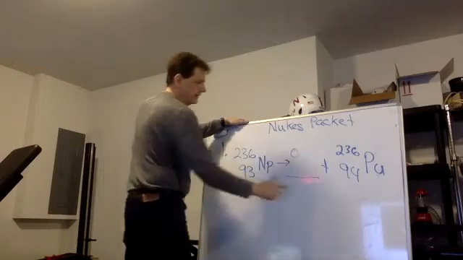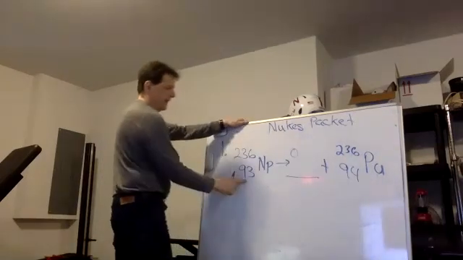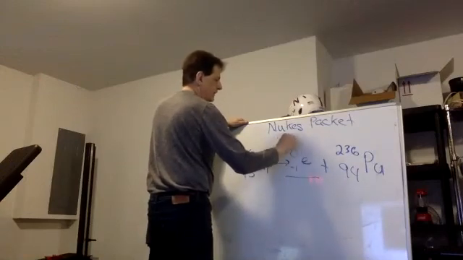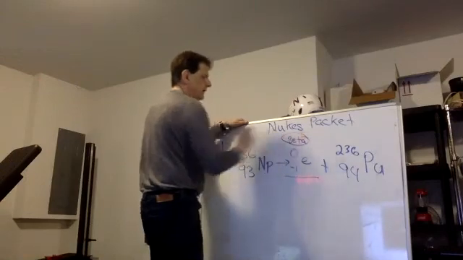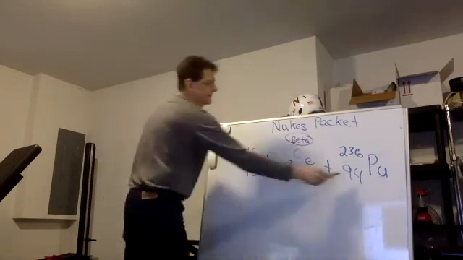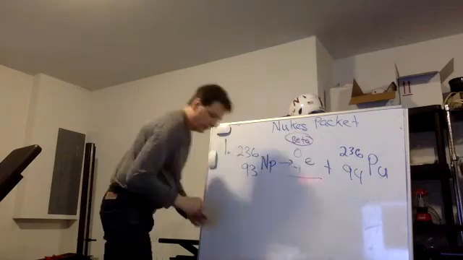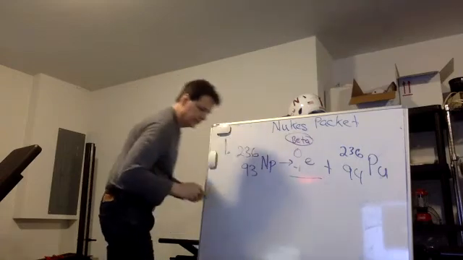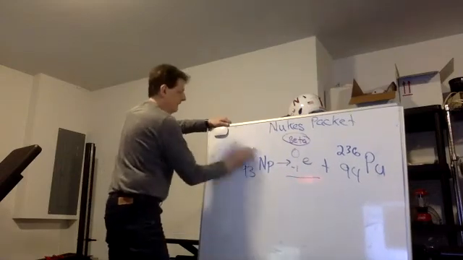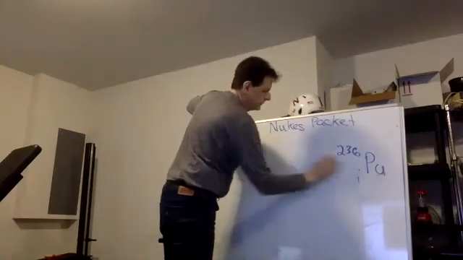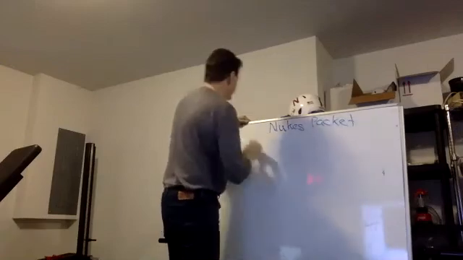We went from 93 to 94, but we got to get back to 93. So we put a -1 in there, which is a beta, and a beta fits in there perfect. 94 minus 1 is 93. And that's the first one on that sheet. So let's go to page 1.